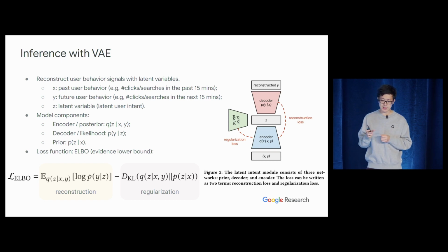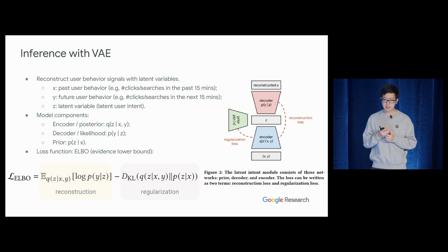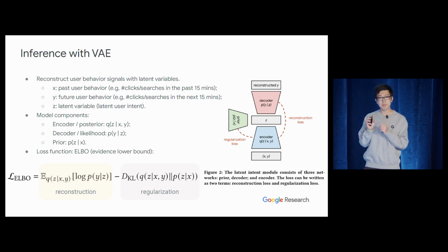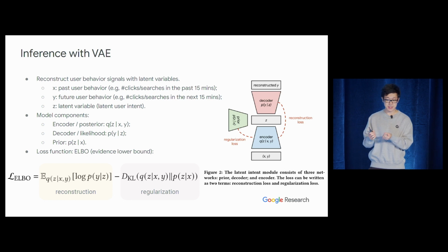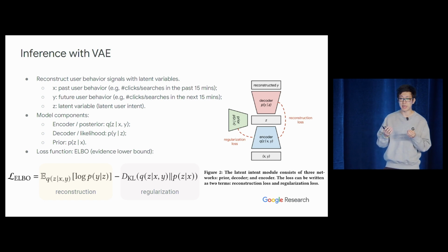The first one is the so-called reconstruction loss. What it does is that given a pair of past behavior and future behavior, if you pass that through the encoder, that will give you a sampled user latent intent. And then if you pass that intent into the decoder, you will have a reconstructed future behavior.